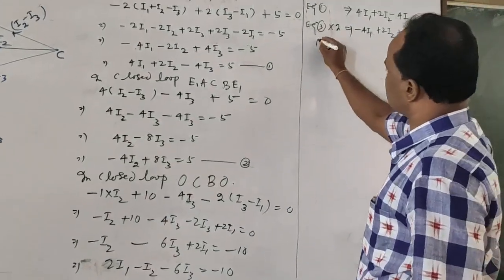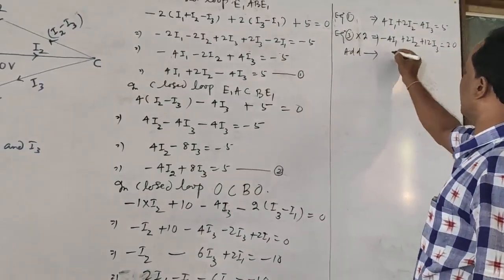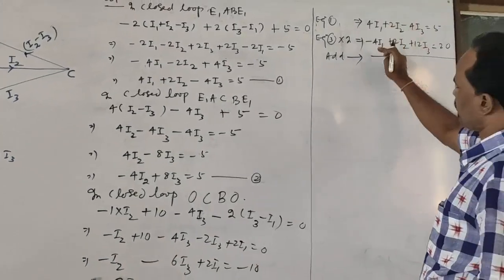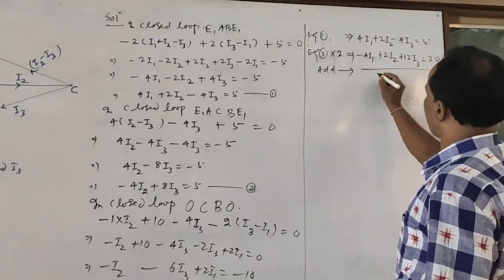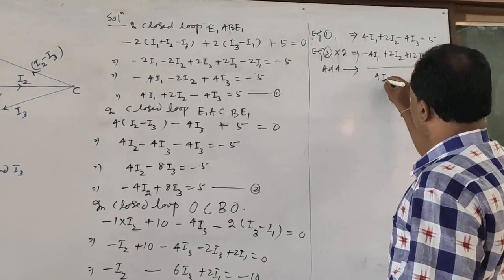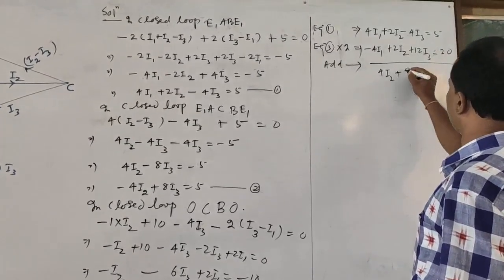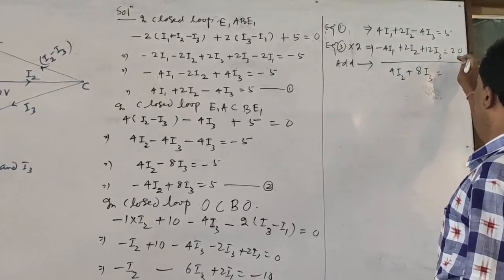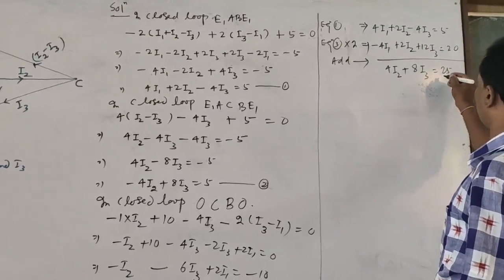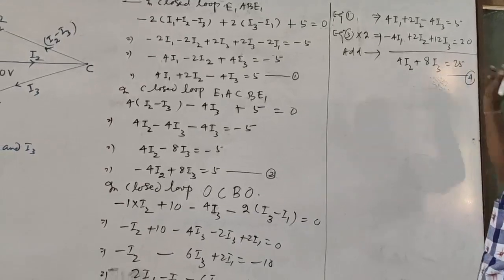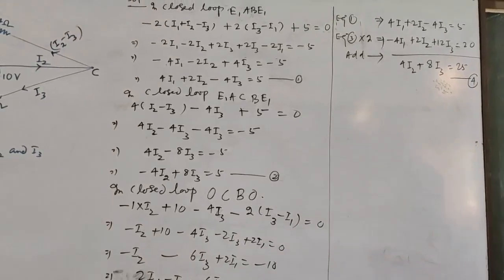Now adding, 4I1 and 4I1 cancel, 2I2 and 2I2 give 4I2, and 12I3 minus 4I3 is 8I3, equal to 20 plus 5, which is 25. Call this equation 4.